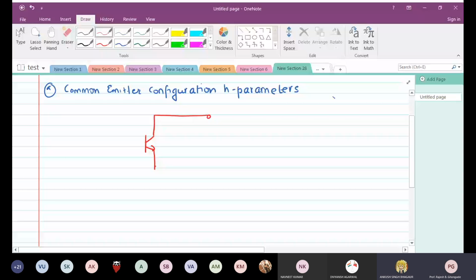Since we are talking about common emitter, the emitter terminal is going to be common. This is your base, this is the collector, this is the emitter. Naturally, the output is VCE, with plus and minus polarity.